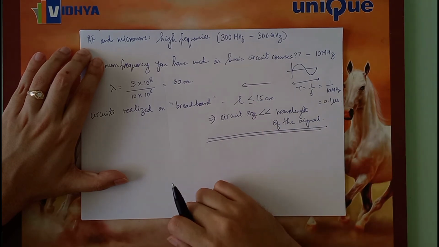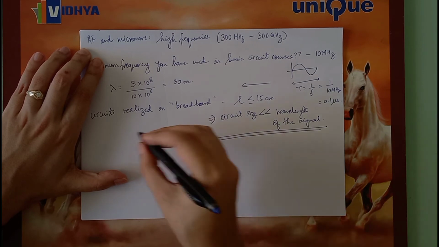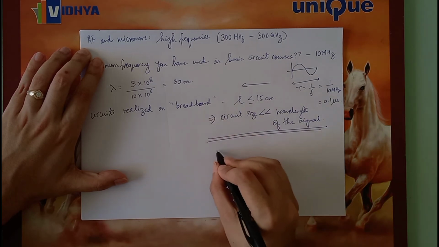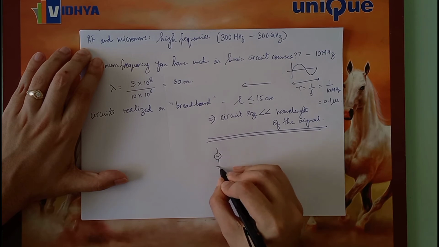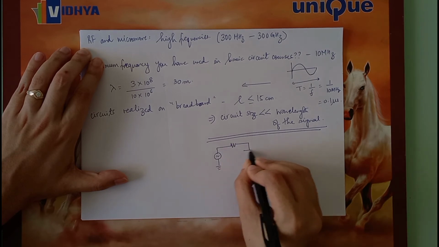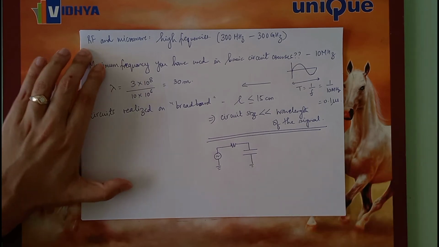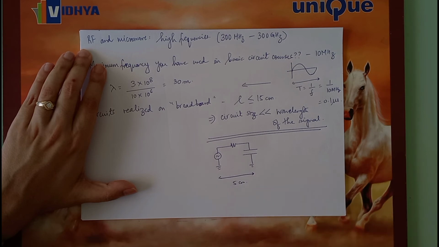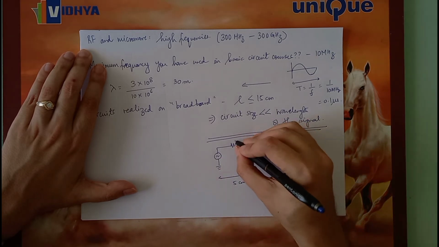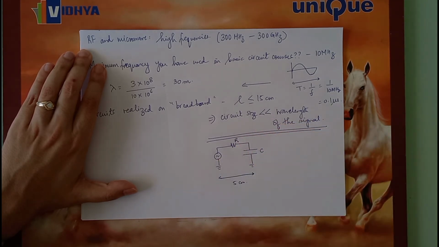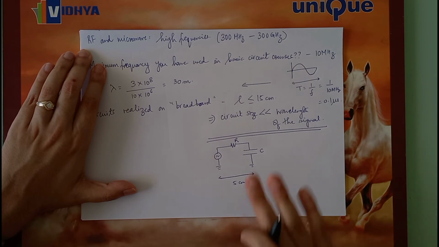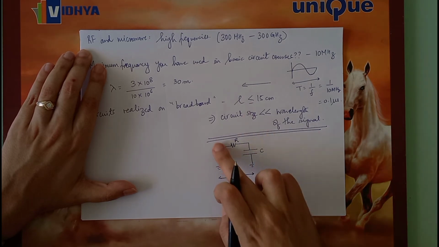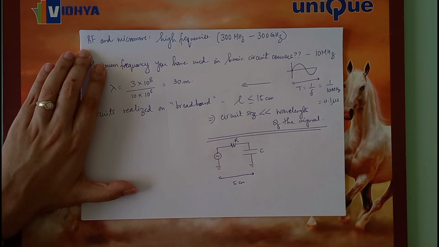So what this means is that suppose I have a very simple circuit that looks like this. Let us say the length of this circuit is about 5 centimeters. So given this circuit that is working with a single resistor and a capacitor fed by an AC voltage source, at any point of time, obviously the voltage will be sinusoidal.